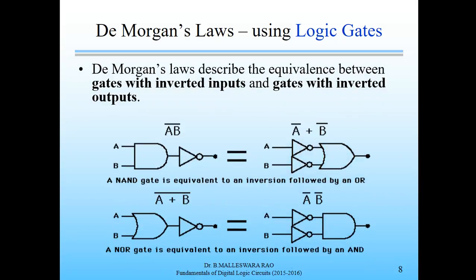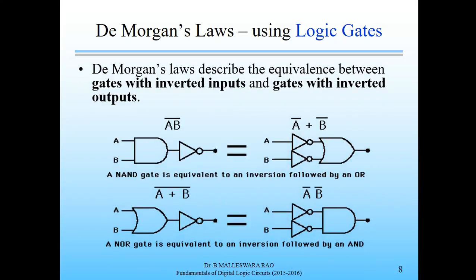DeMorgan's laws describe the equivalence between gates with inverted inputs and gates with inverted outputs. The diagram shows an AND gate with the inverted output is equivalent to an OR gate with the inverted inputs. We know that an AND gate with inverted output is nothing but a NAND gate.